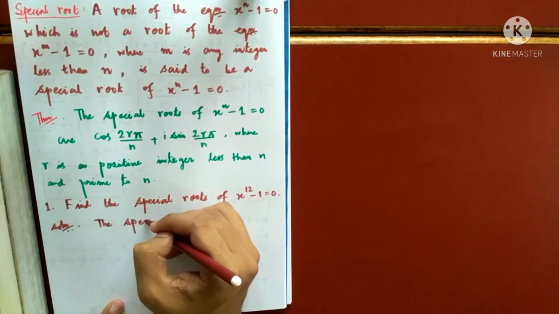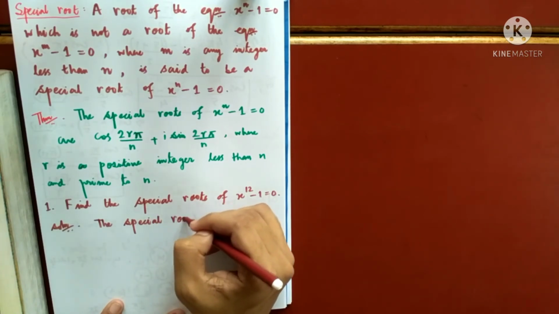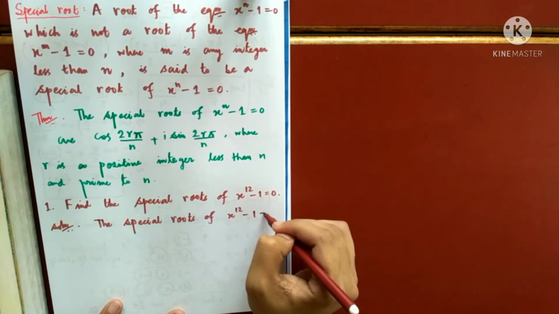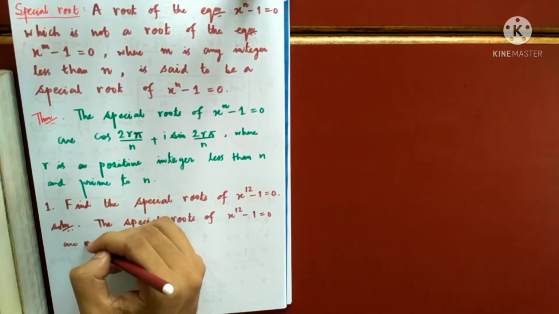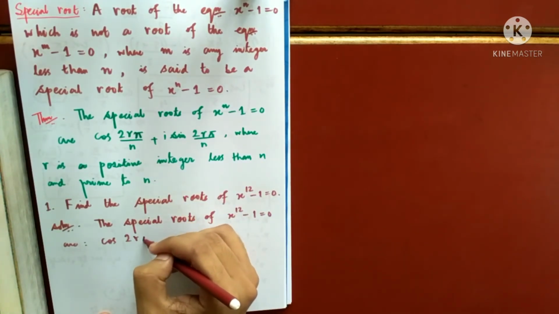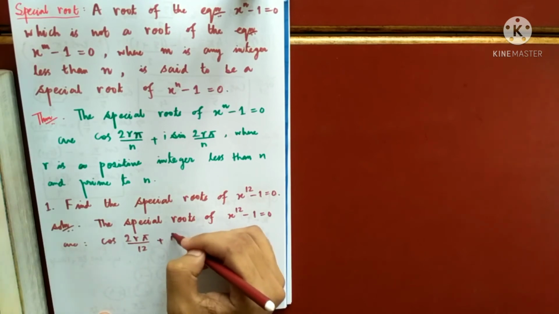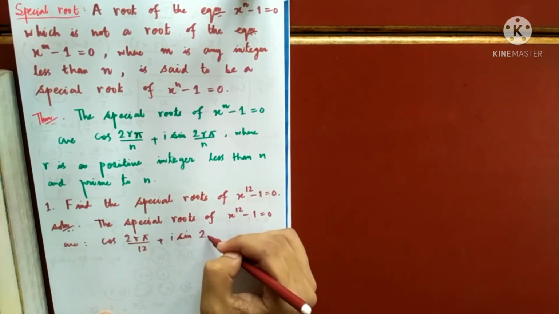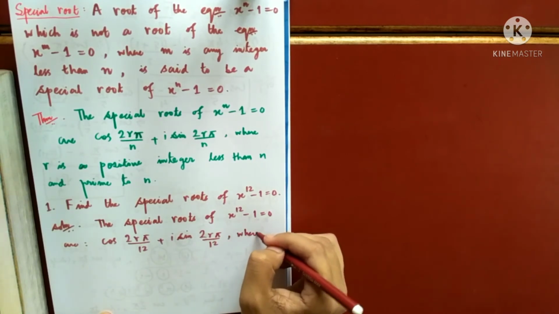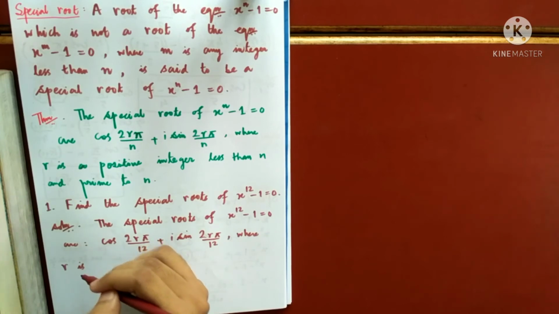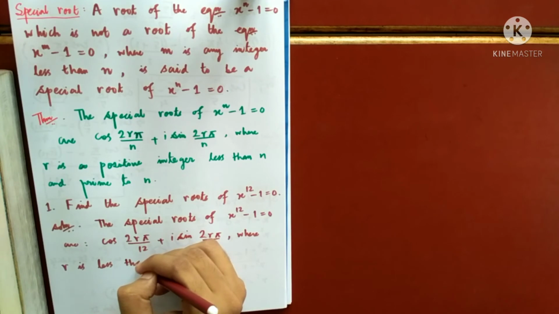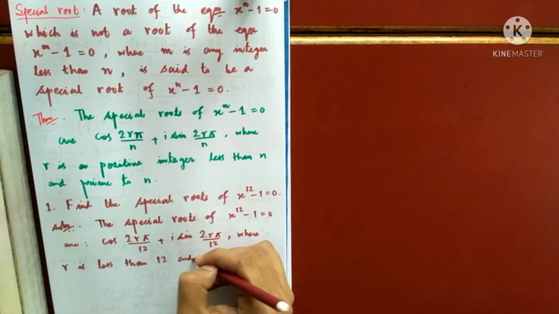The special roots of x to the power 12 minus 1 equals to 0 are cos of 2r pi by 12 plus i sine 2r pi by 12, where r is less than 12 and prime to 12.